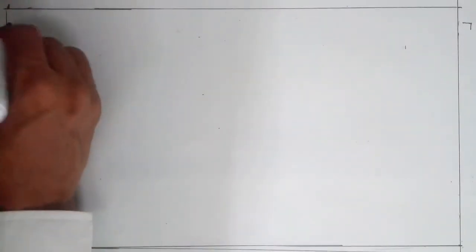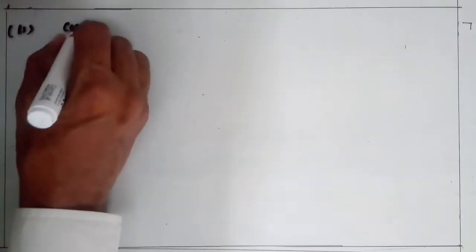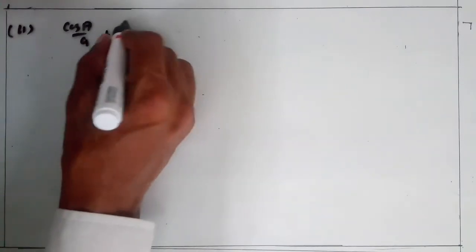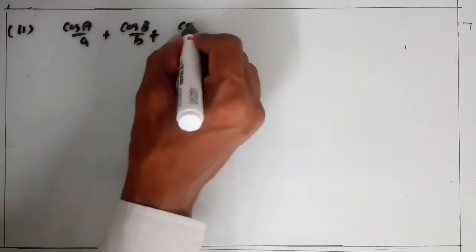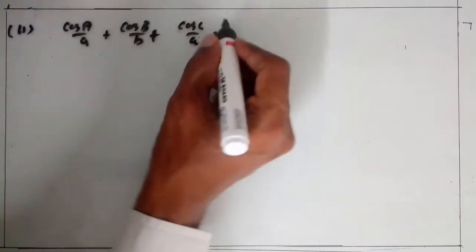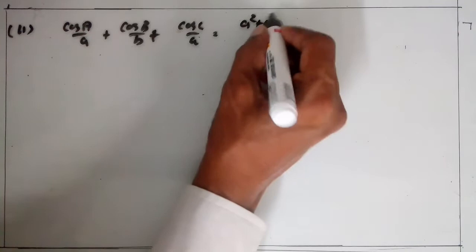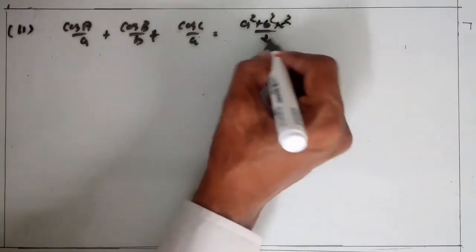Now question number 11. Prove that cos A upon a plus cos B upon b plus cos C upon c is equal to (a square plus b square plus c square) upon 2abc.